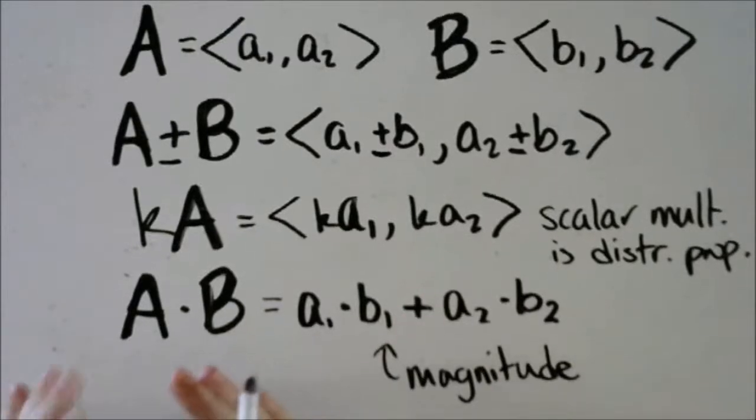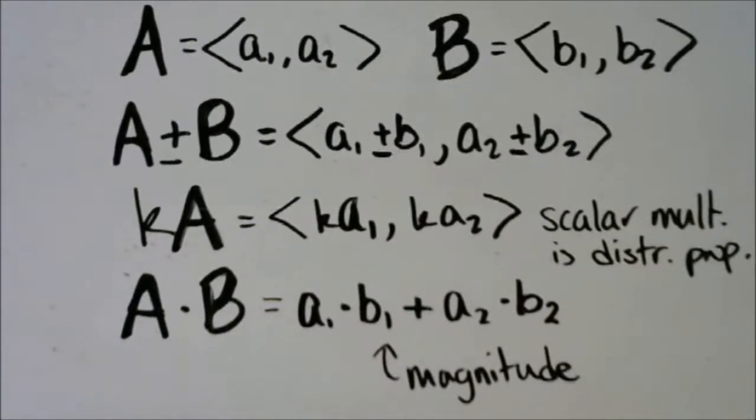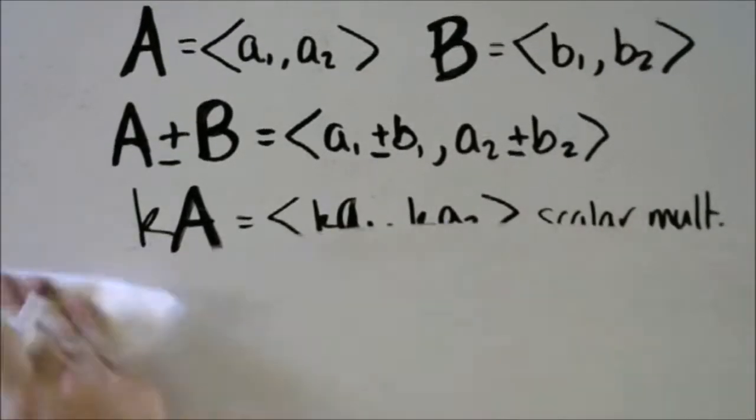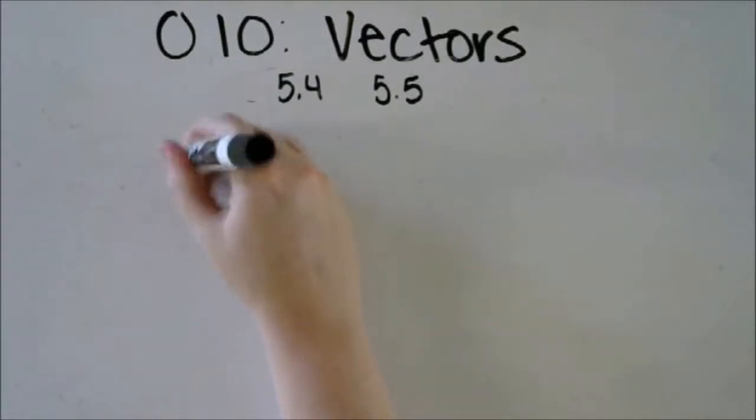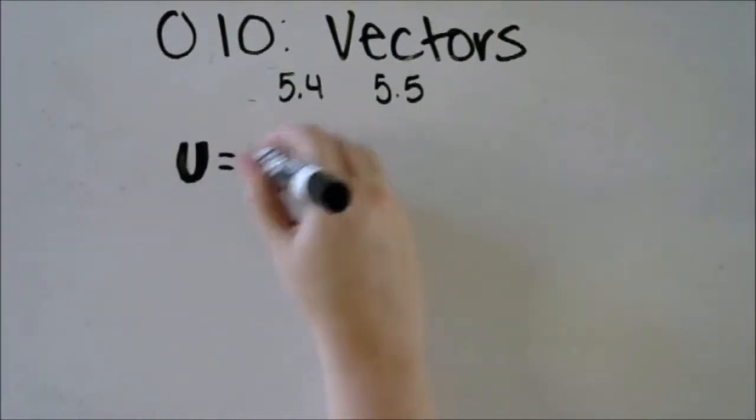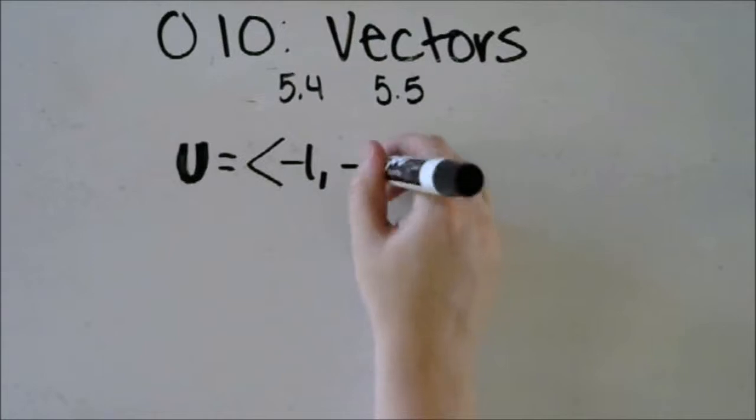So let's try each of these operations. I'm going to give you two vectors. We're going to let u be the first vector, and the component form of u is <-1, -3>.